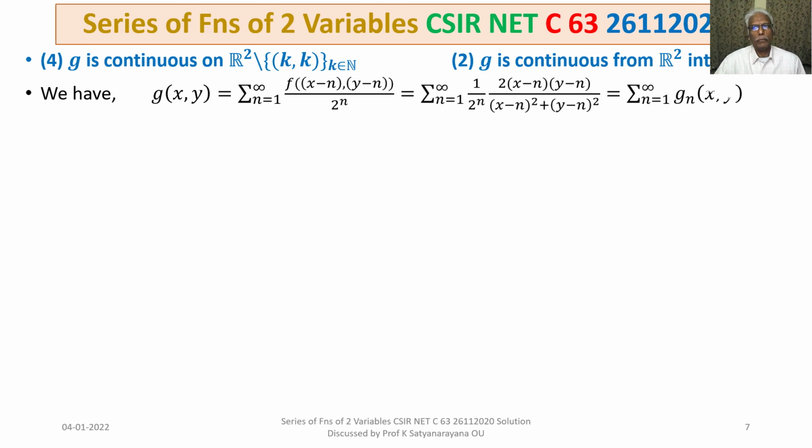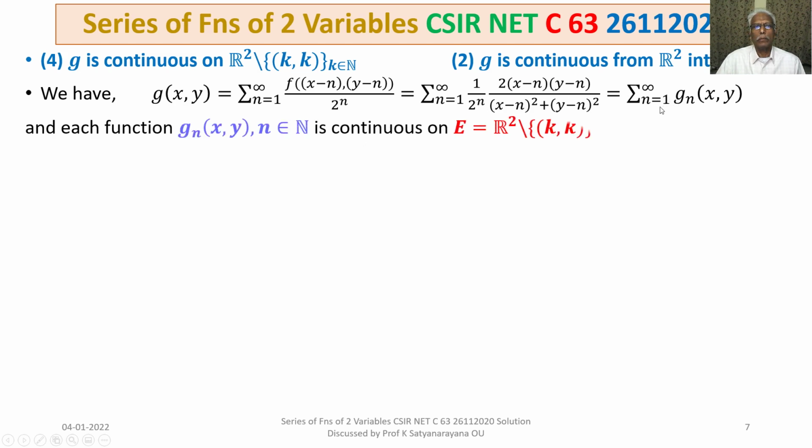So we have g_n(x, y), which we have seen, and each is a continuous function on R² minus the set of all (k, k), k belongs to N, which we have called E.